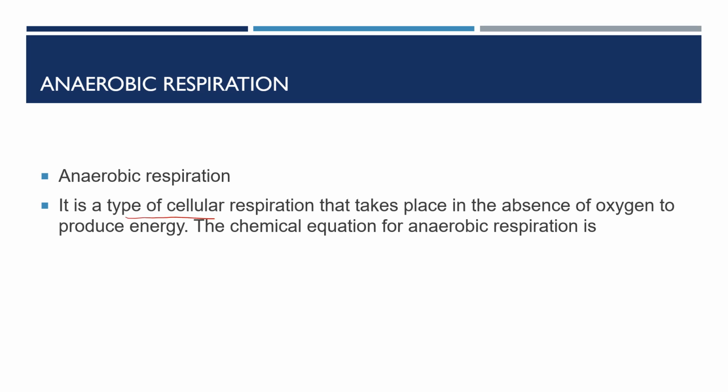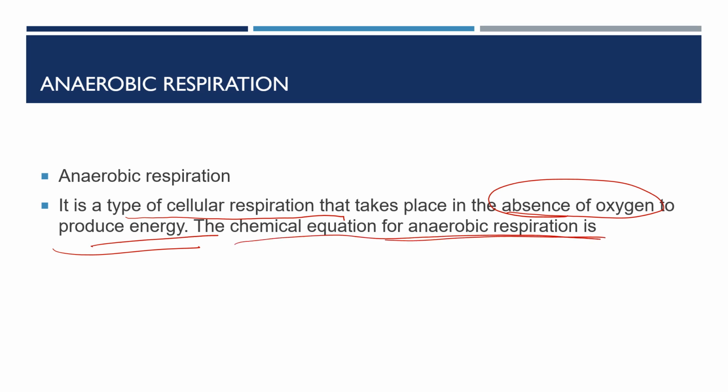Now here comes anaerobic respiration. It is also a type of cellular respiration that takes place in absence of oxygen to produce energy. The chemical reaction for anaerobic respiration is as follows.